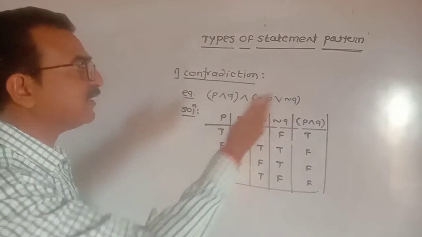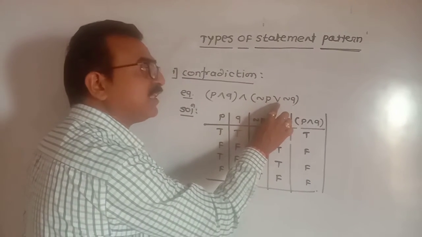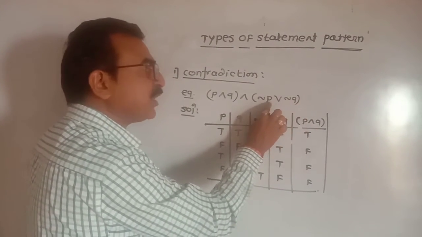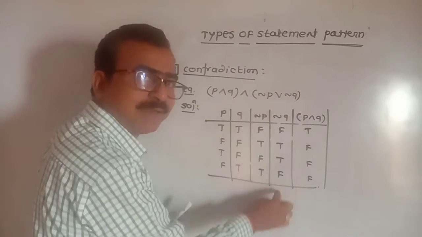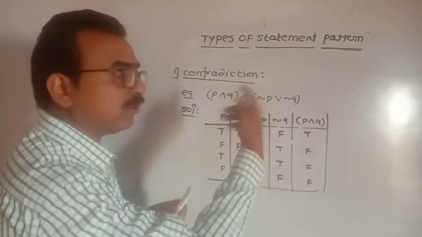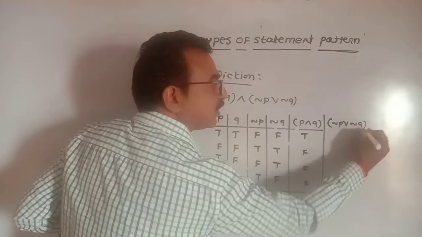Now solve the second simple bracket, which is negation P disjunction negation Q. Negation P and negation Q are both available in our truth table, so find the second bracket.